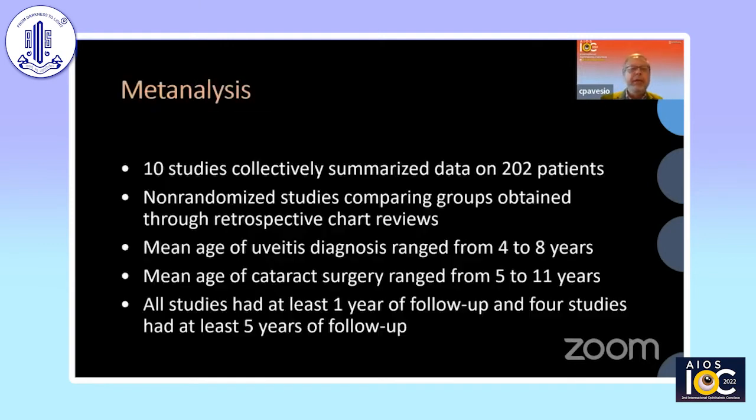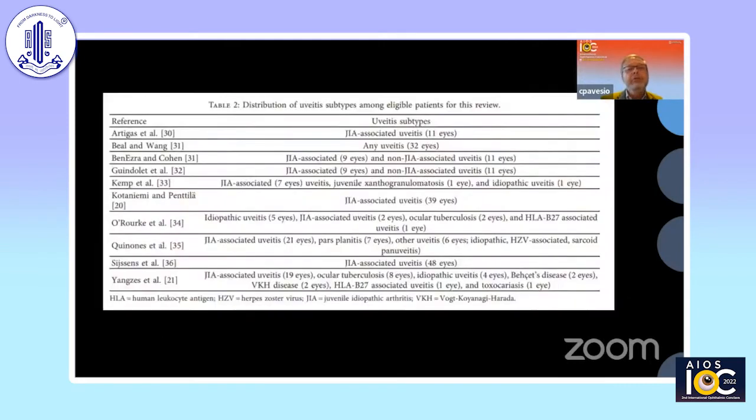This is a review article that I'm going to mention here because it has a systematic review with meta-analysis, and it shows about 10 studies summarizing the data of 202 patients. These are not randomized studies comparing groups, the data coming from retrospective chart review. These are the studies listed here. You can see that predominantly, by far, JIA is the largest group, is the most common reason for cataract surgery in all these studies reported.